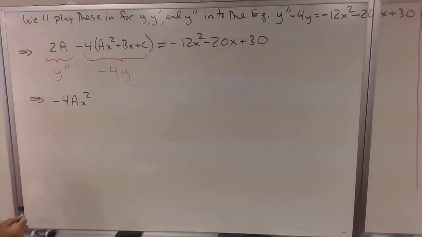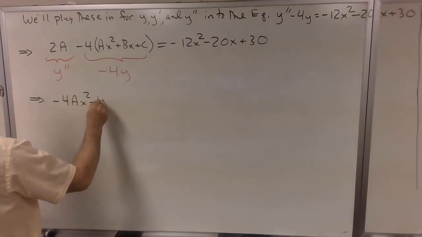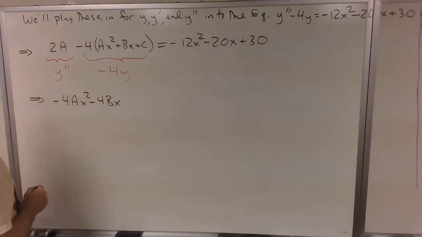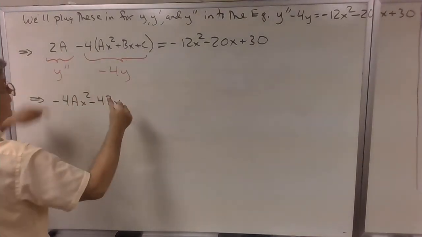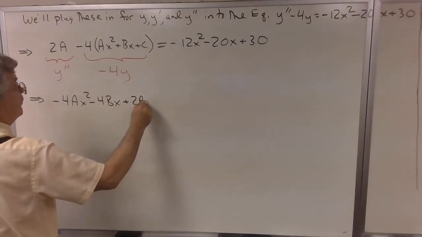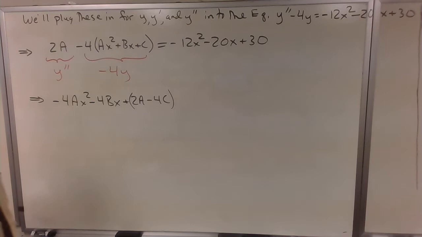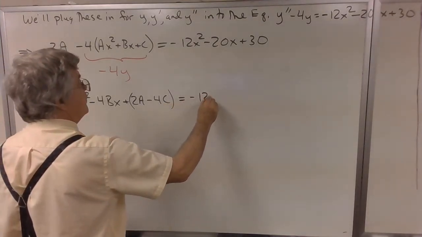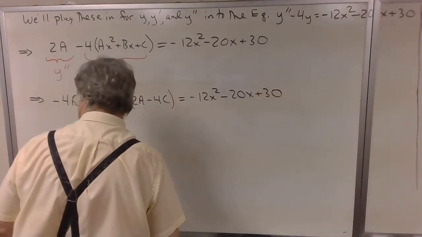Now I only have one x term, negative 4bx. Oh, this is easy. Now, constant terms, I have 2a minus 4c. And that's equal to our polynomial, negative 12x squared minus 20x plus 30.